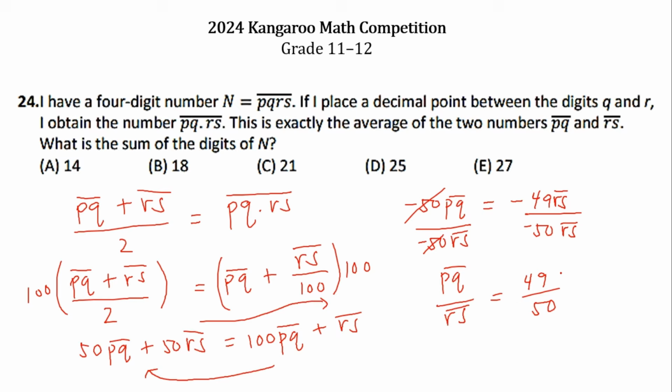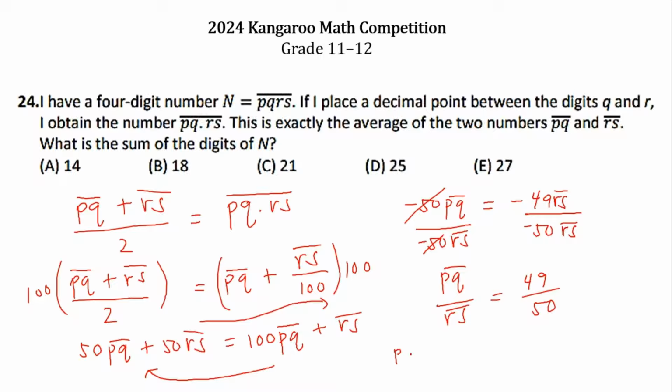So this must be the original numbers, because if this is the simplified fraction, then the original number would be a number with more than 4 digits. So this must be the original numbers, 4950. So PQRS, P is 4, Q is 9, R is 5, and S is 0.